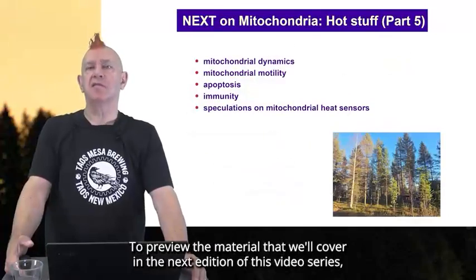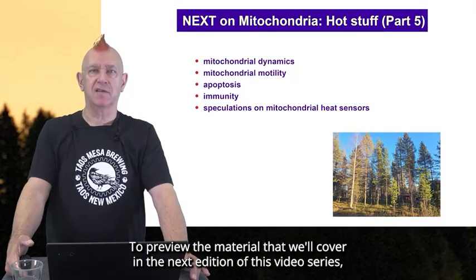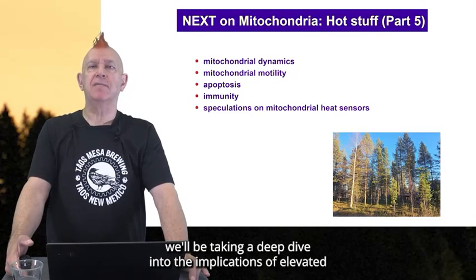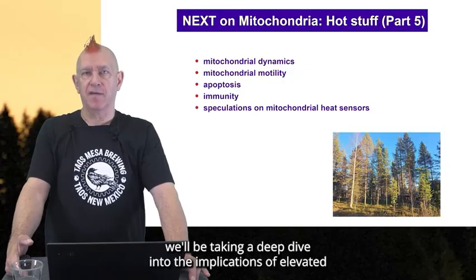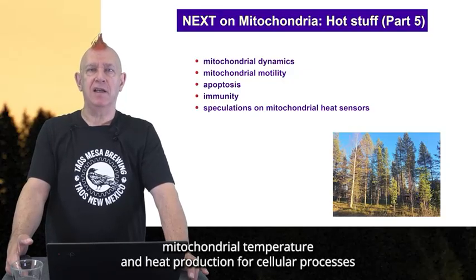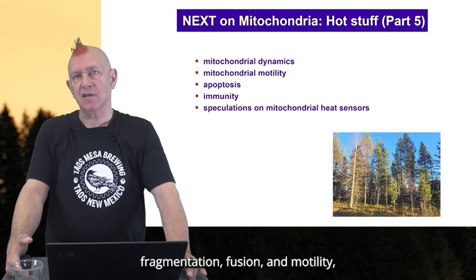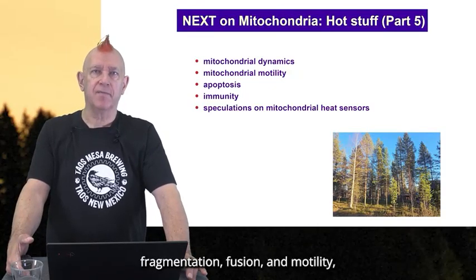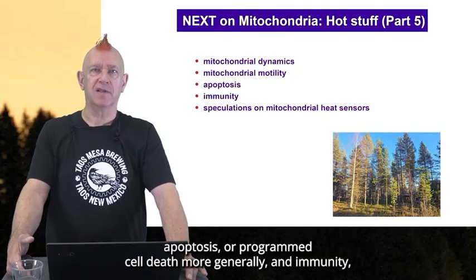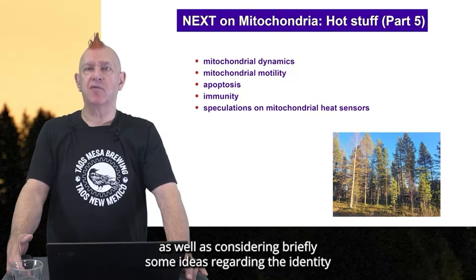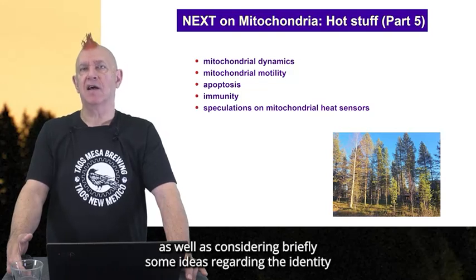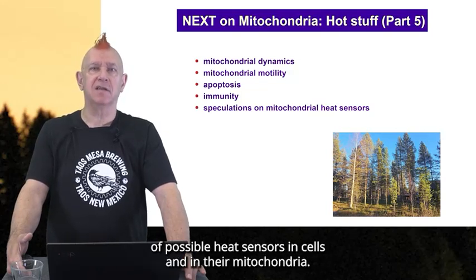To preview the material that we'll cover in the next edition of this video series, we'll be taking a deep dive into the implications of elevated mitochondrial temperature and heat production for cellular processes, such as mitochondrial fragmentation, fusion and motility, apoptosis, or programmed cell death more generally, and immunity, as well as considering briefly some ideas regarding the identity of possible heat sensors in cells and in their mitochondria.